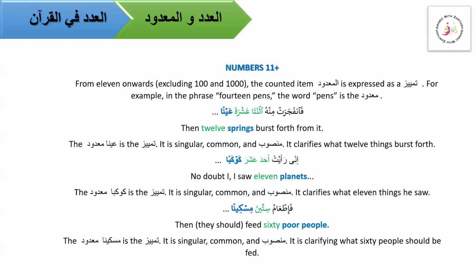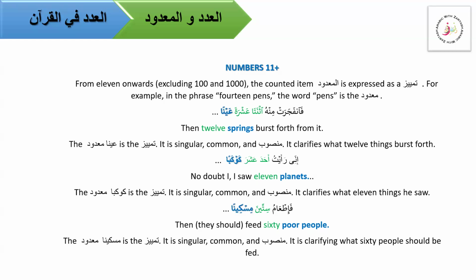He saw 11 planets. Then we have fa-it'amu sittina miskinan. So then they should feed how many, like there should be a number, 60 poor people. So now here, madud is miskinan, and that's what the tamyiz means.